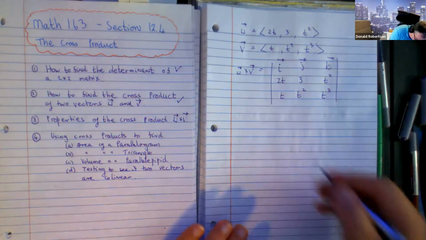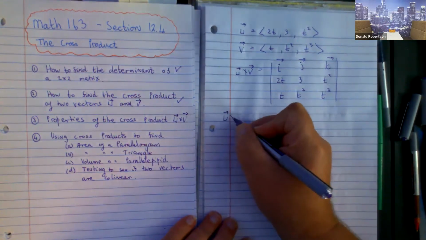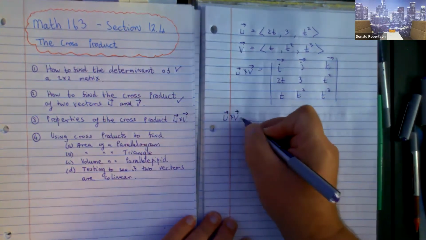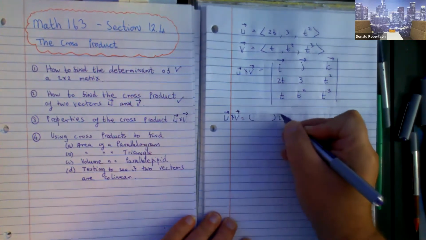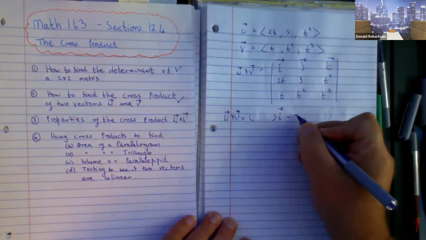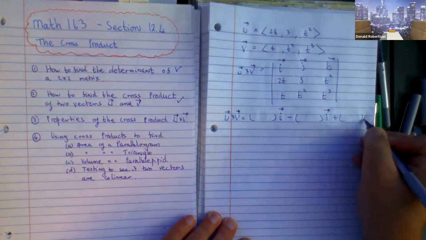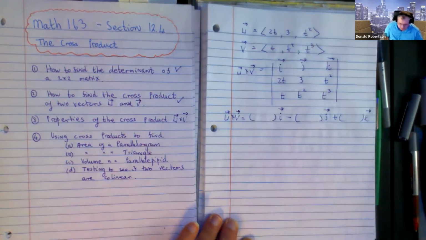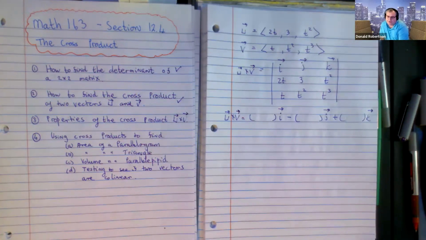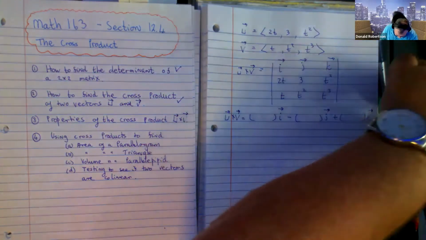So what we can now do is so many i's, take away so many j's, plus so many k's. Right? And that's what we would have done if these had all been numbers.